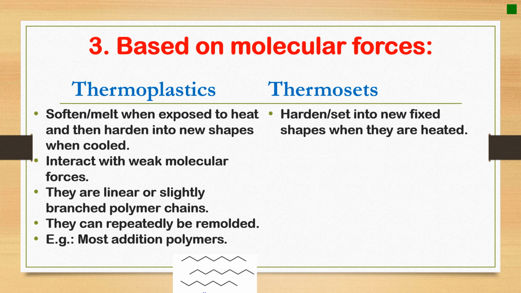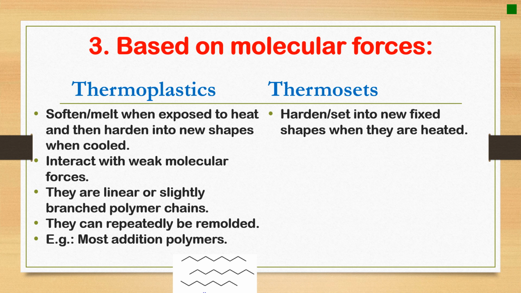But look at what happens when you boil it. When you expose it to heat, the yolk of an egg takes an elliptic shape that is hard, and you cannot melt it again. So when you continue exposing it to heat, it does not change the shape, it remains with that shape.